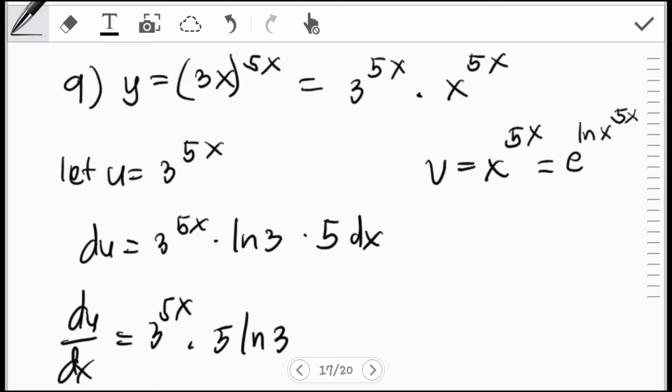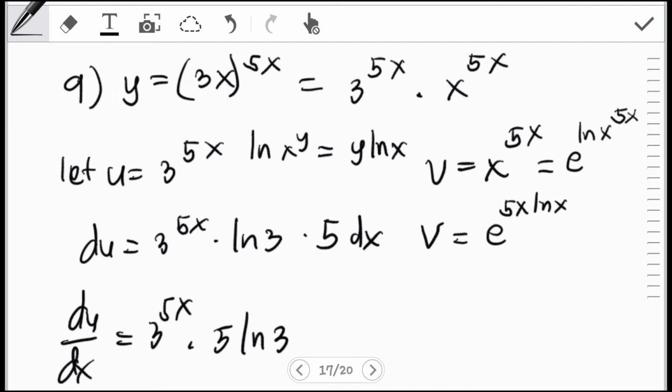So take note that ln x to the power y, that is equivalent of y ln x. Okay, so here e to the power 5x ln x. So that is equivalent also v.